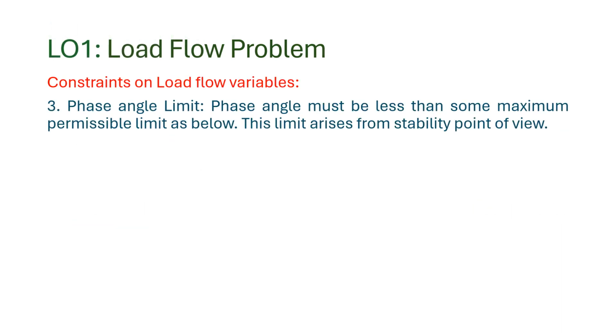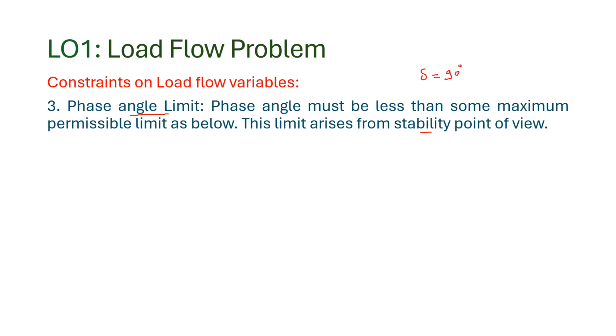Then the third limit is the phase angle limit. This limit arises from the stability point of view. We already learned in the power system subjects that the maximum steady state stability limit is delta equal to 90 degrees.